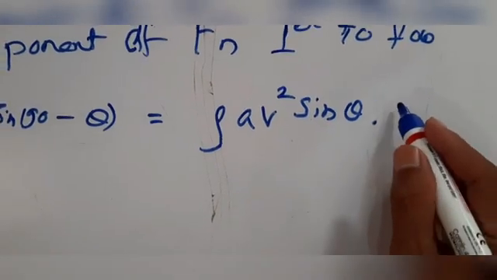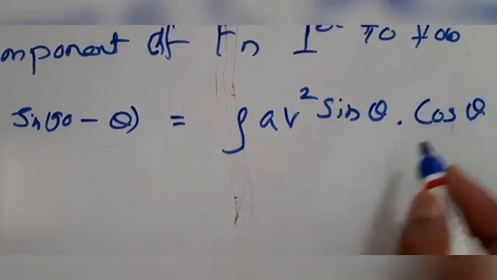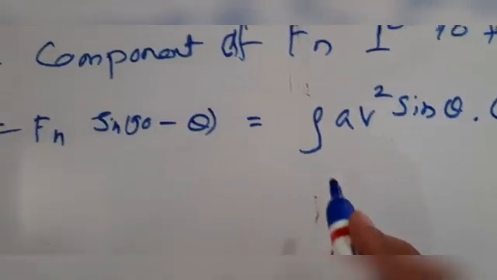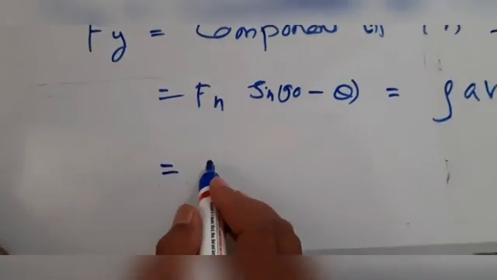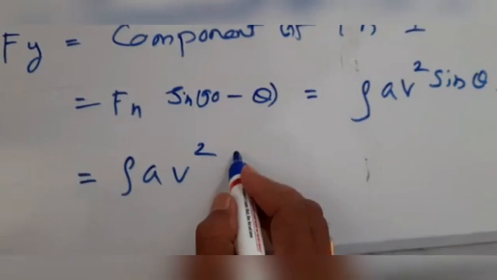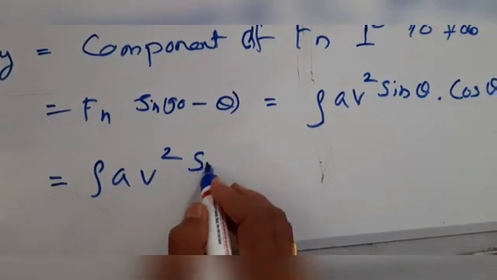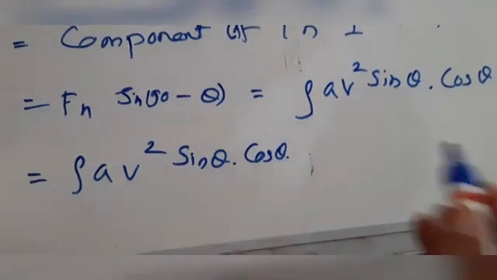So the value comes rho a v square sine theta cos theta.